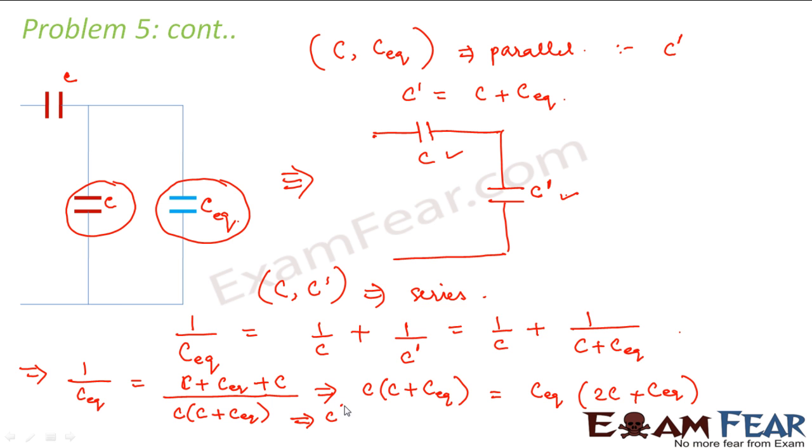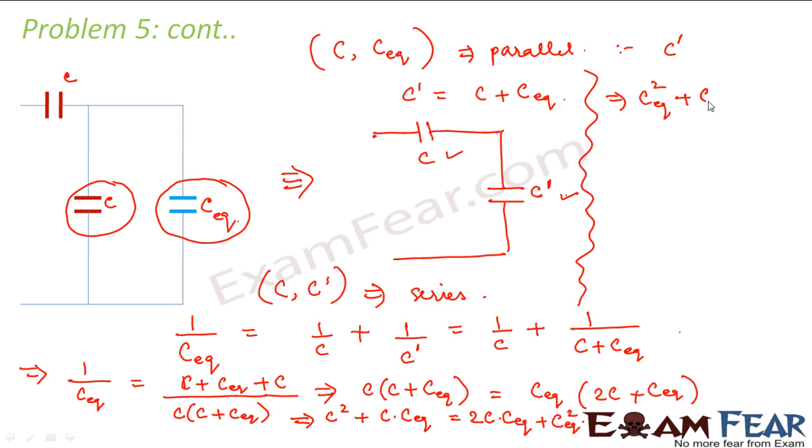So this gives C square plus C into C equivalent is equal to 2C into C equivalent plus C equivalent square. That is, we get an expression like this: C equivalent square plus C into C equivalent minus C square is equal to 0.